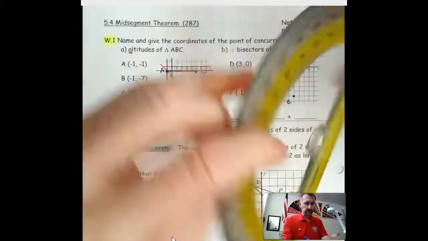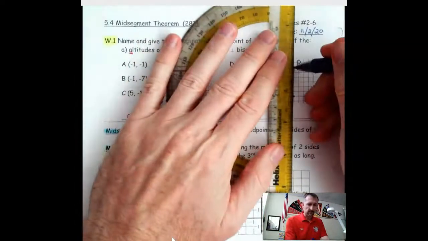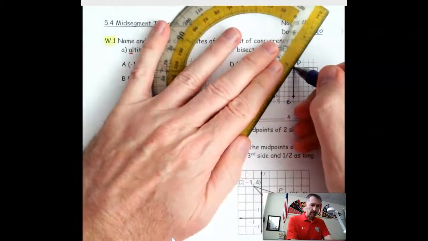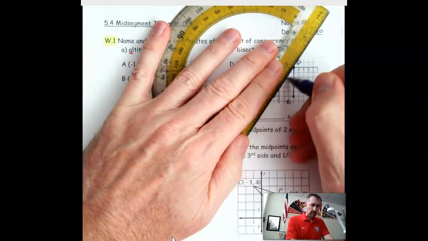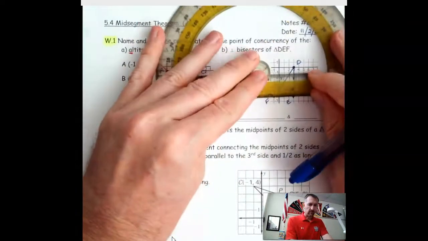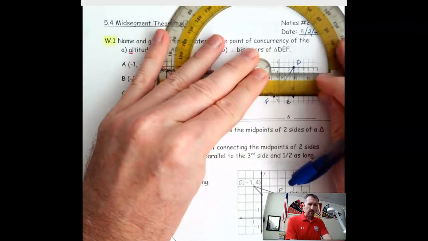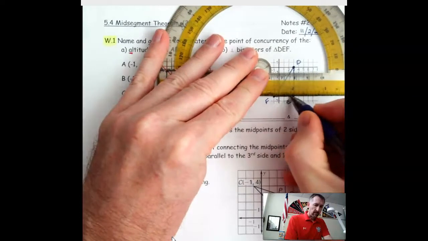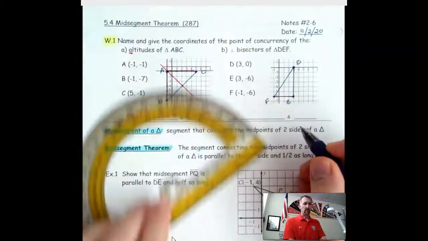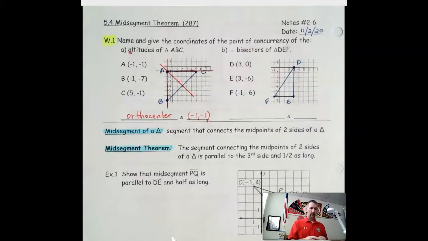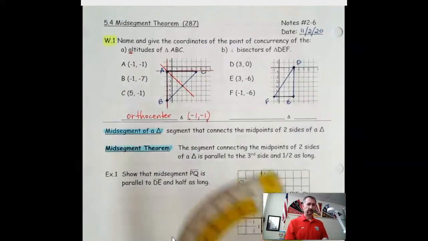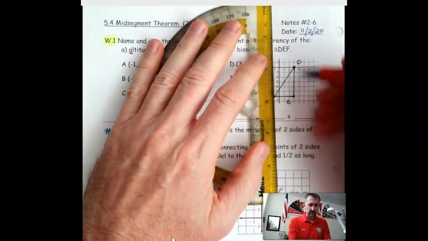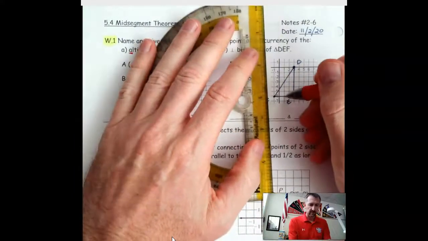All right, so there we go. So perpendicular bisectors, that's because we have a horizontal and a vertical side here, those are pretty nice.